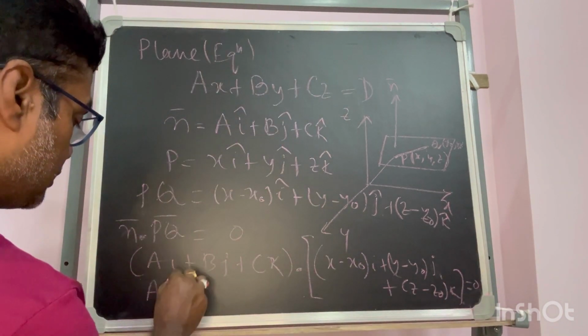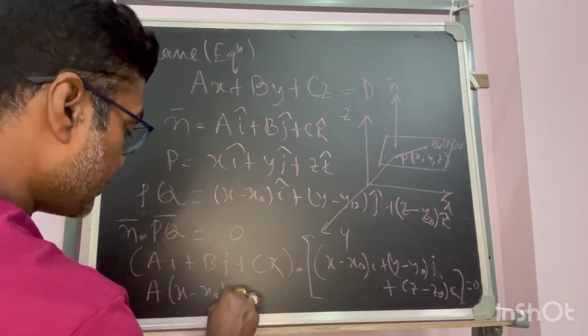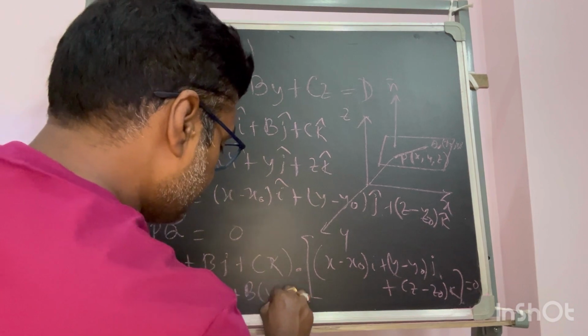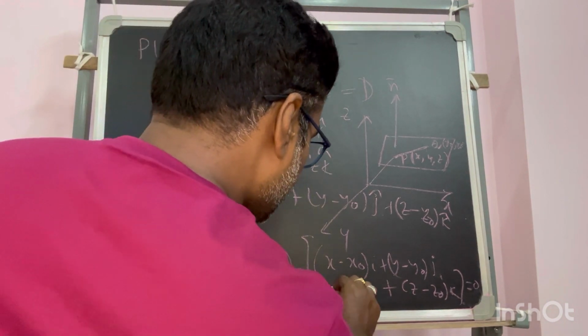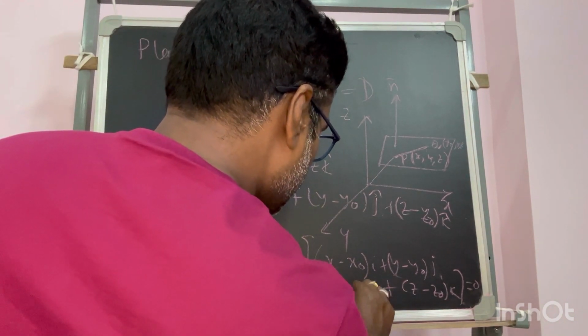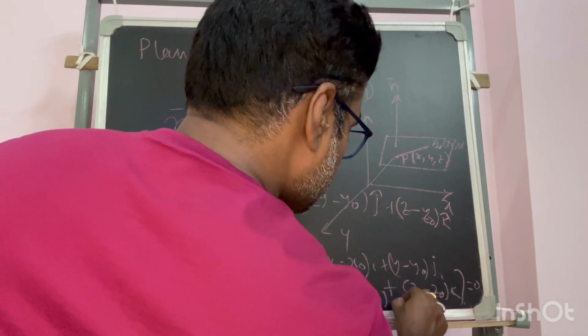We can convert it into this form: a(x - x0) + b(y - y0) + c(z - z0) = 0.